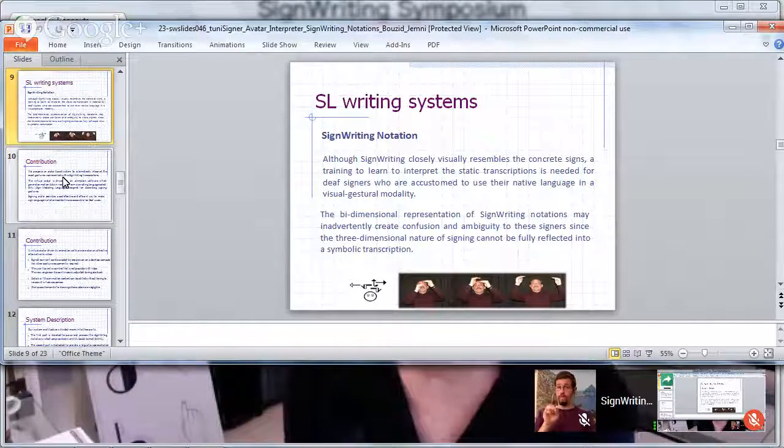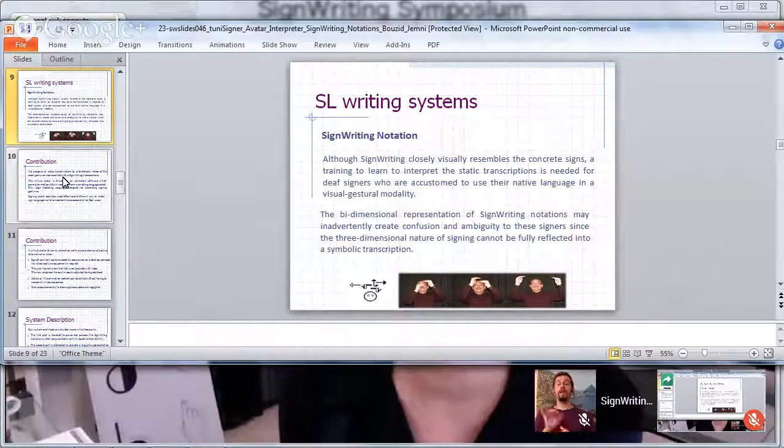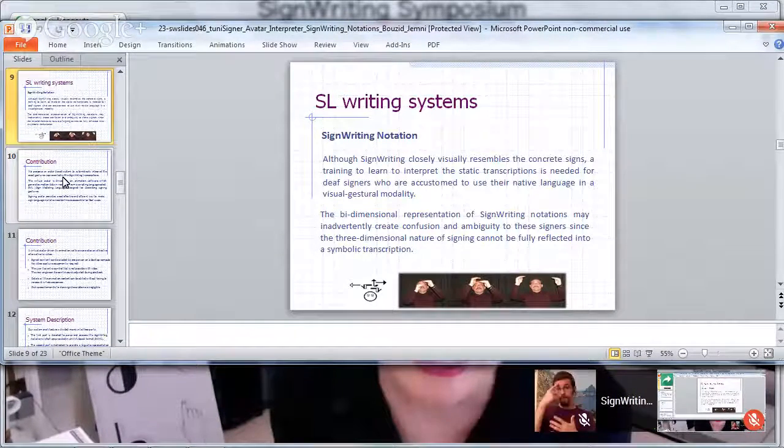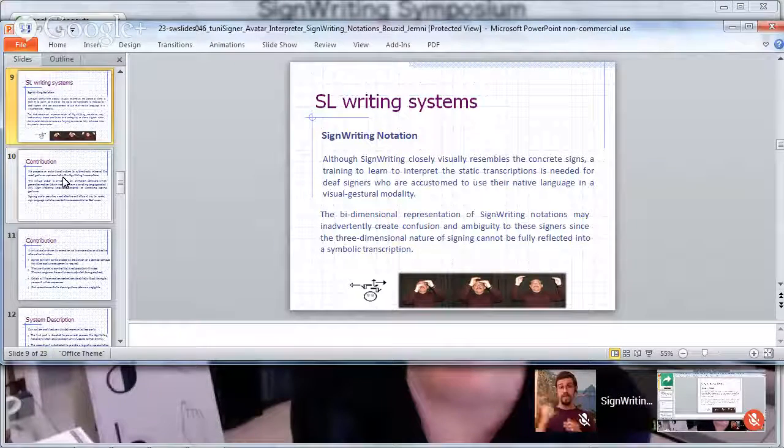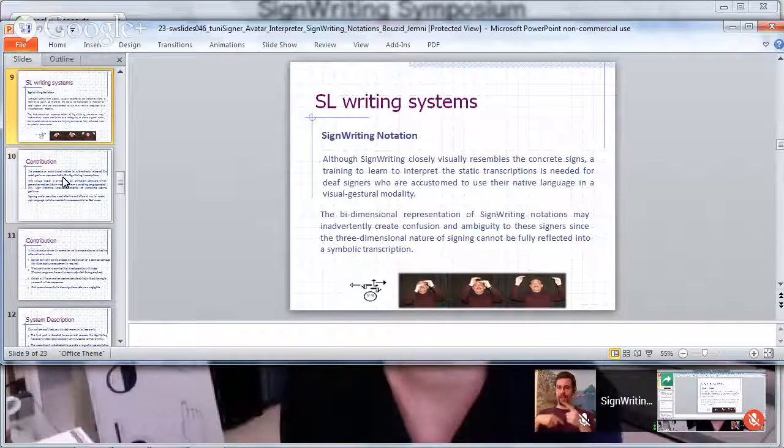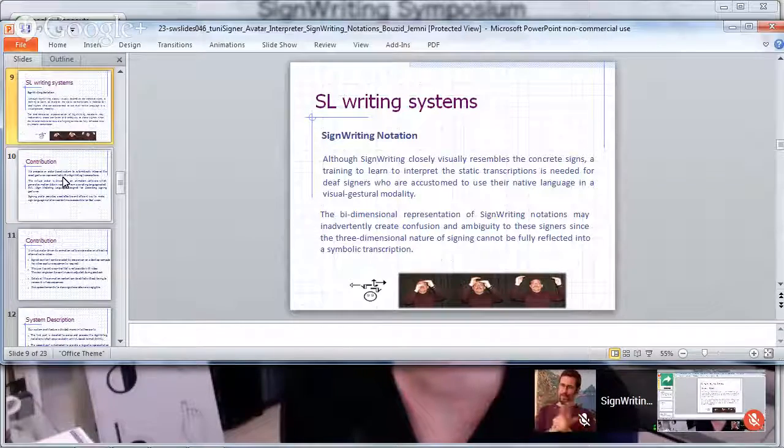The bidimensional representation of SignWriting notations may inadvertently create confusion and ambiguity for these signers, since the three-dimensional nature of signing cannot be fully reflected in a symbolic transcription.